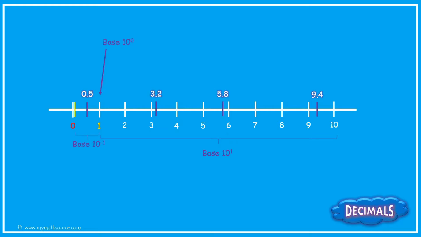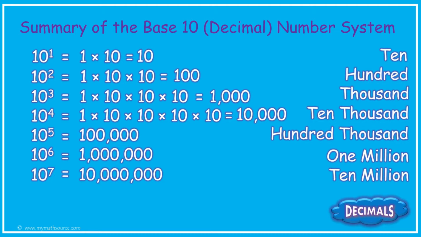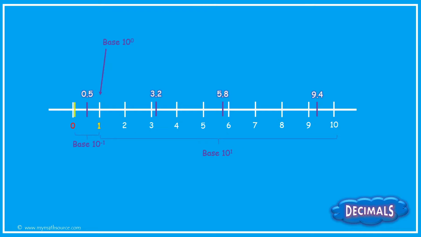Now, if we were multiplying when we were in base 10 to the power of 1 and base 10 to the power of 2, remember we were saying 1 times 10, and I said you will see later why it was important to have 1. Well, if we were multiplying in that region, and now we're going in the opposite direction, we will be doing the opposite operation as well.